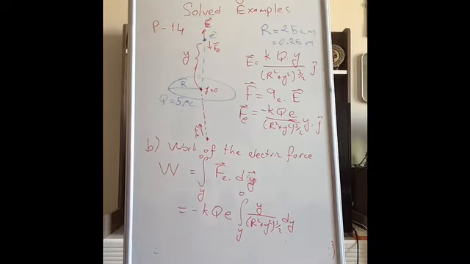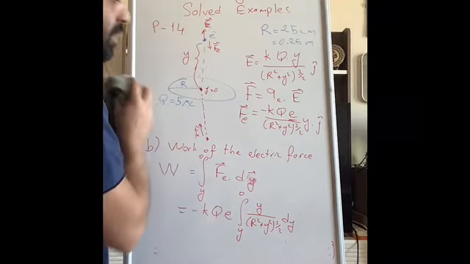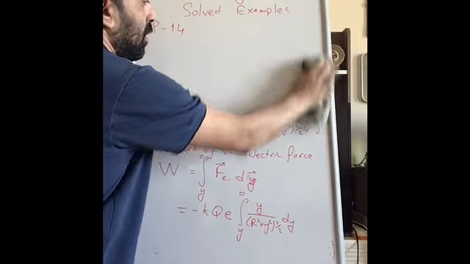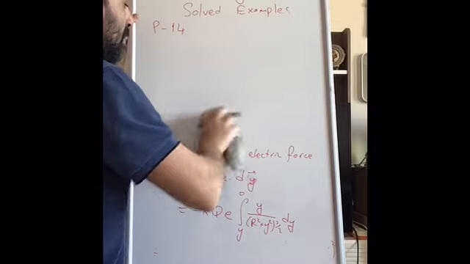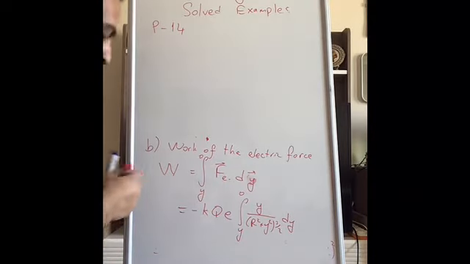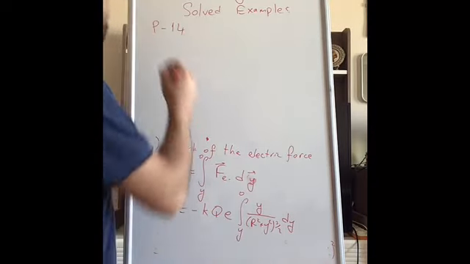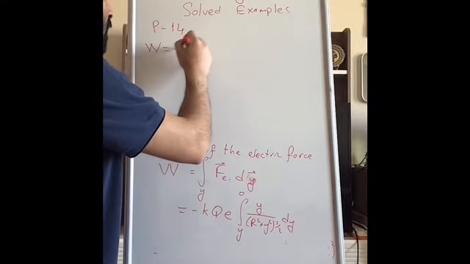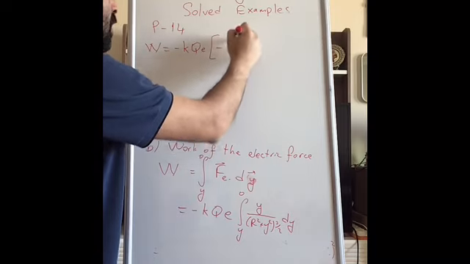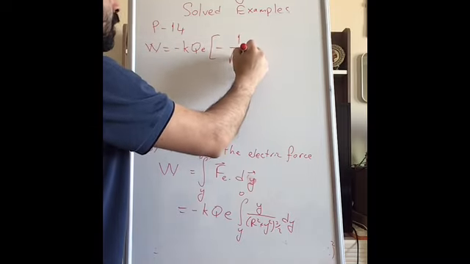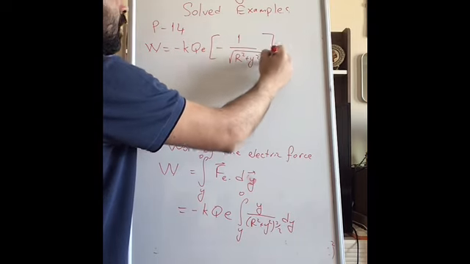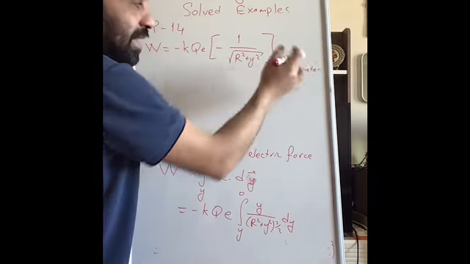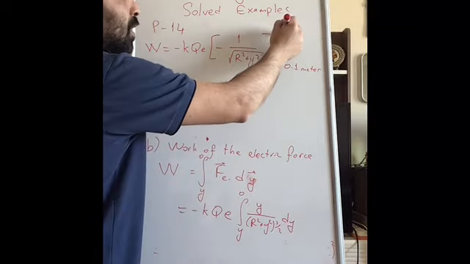Let me make myself some space so we understand this part. All right, so actually this is an easy integration. After we integrate it, the work will be equal to minus kQE times minus 1 over the square root of R squared plus y squared, from y equal 0.1 meter, it was 10 centimeter but we need to convert to meters, to 0.